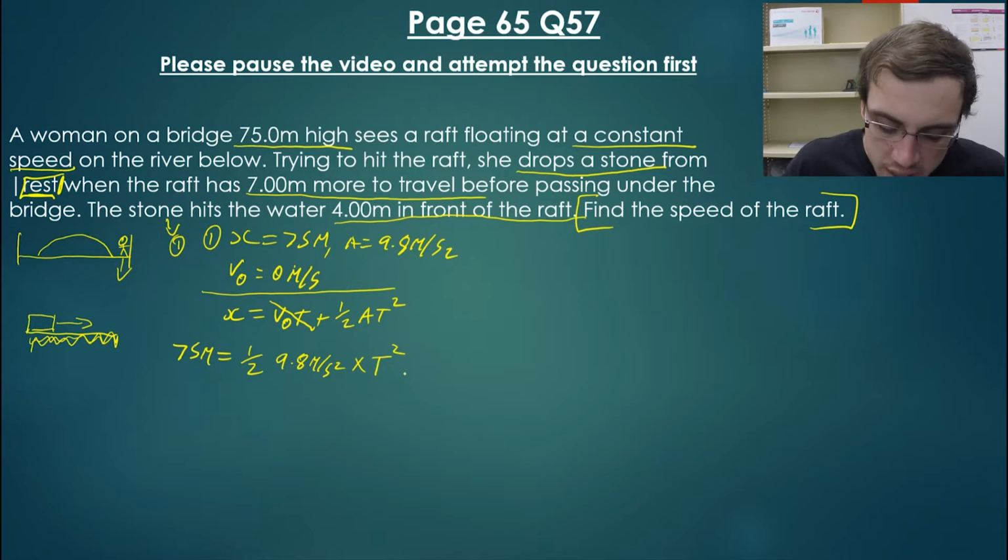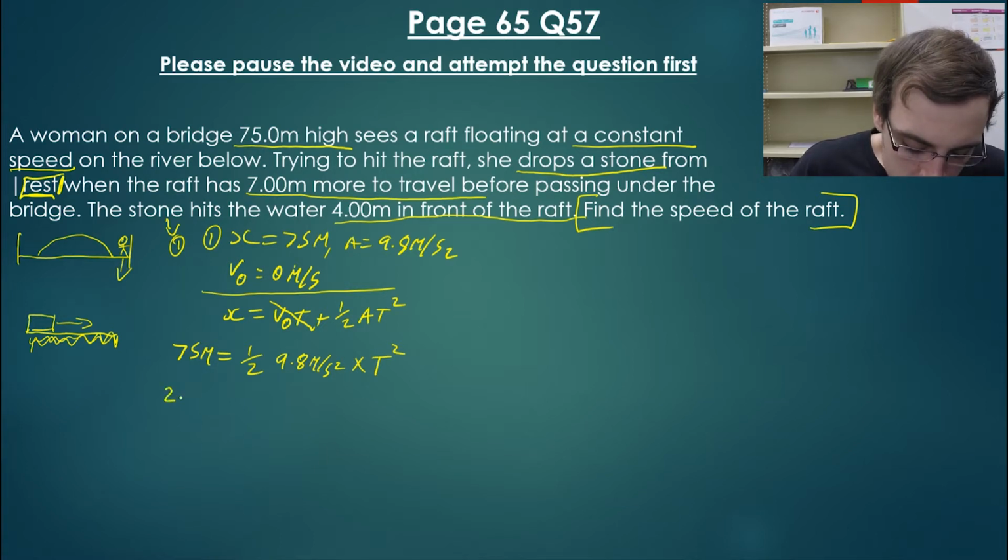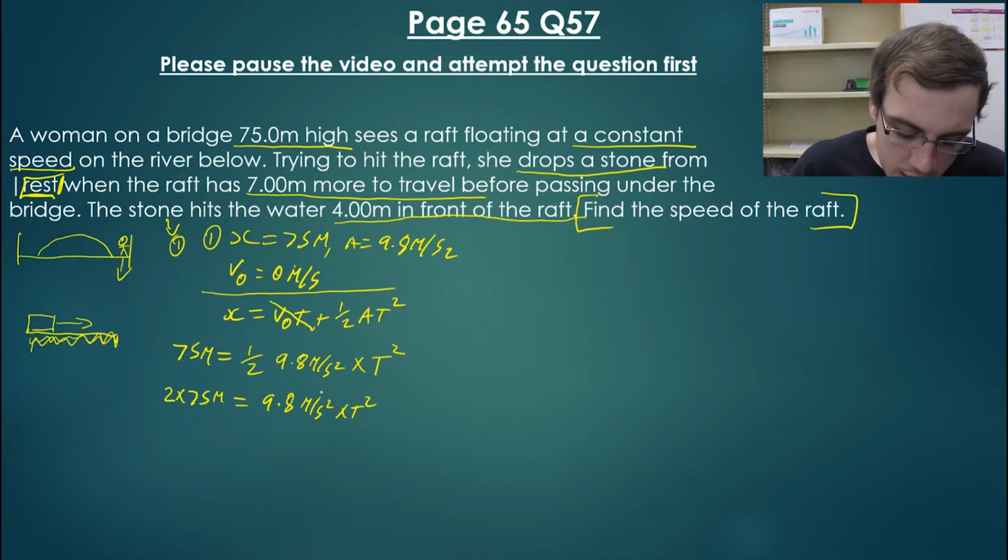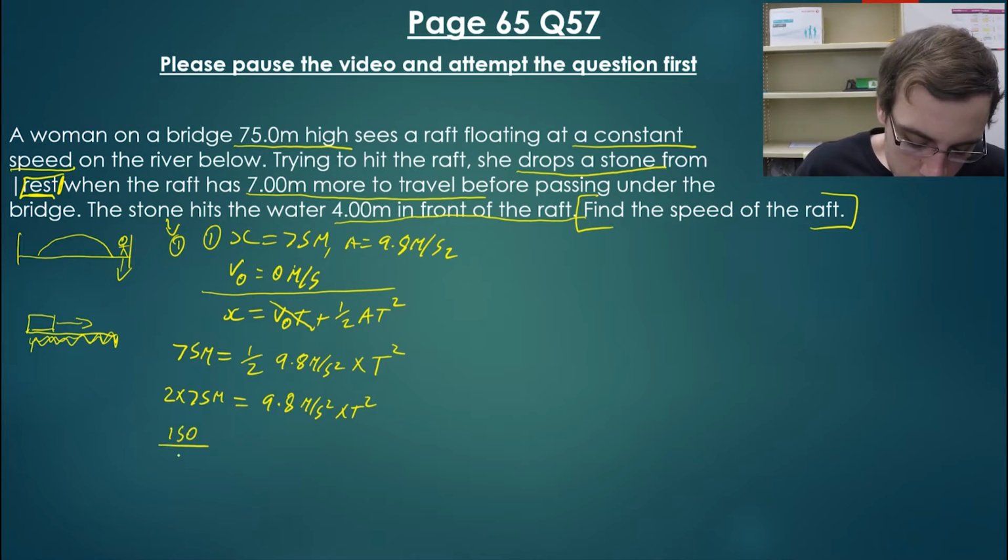Now is when we can do a bit of sneaky rearranging. With the 1/2, we can move the 2 over. So it's going to be 2 times 75 is equal to 9.8 meters per second squared times time squared. Then we move the 9.8 over because this is a times. So we're going to have 150 divided by 9.8 is equal to t squared.